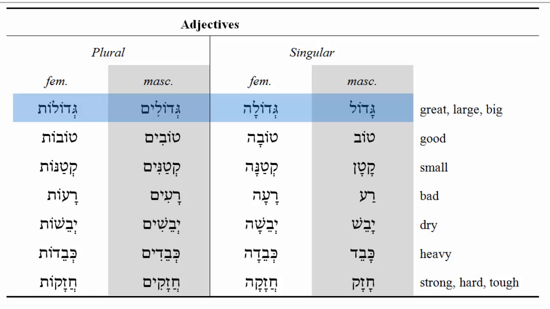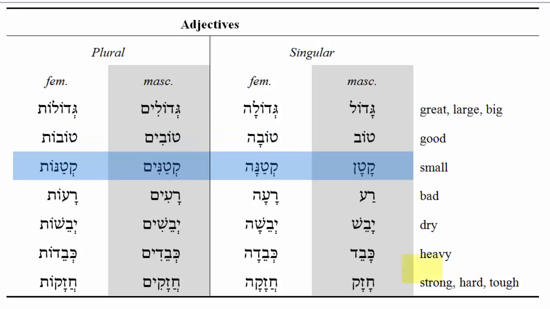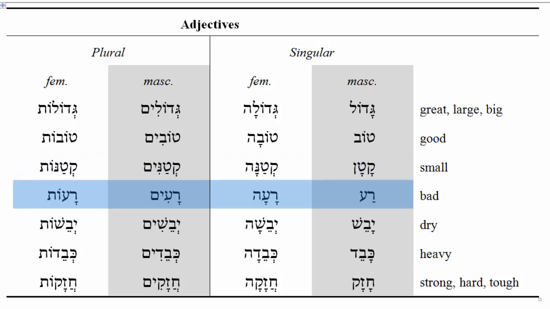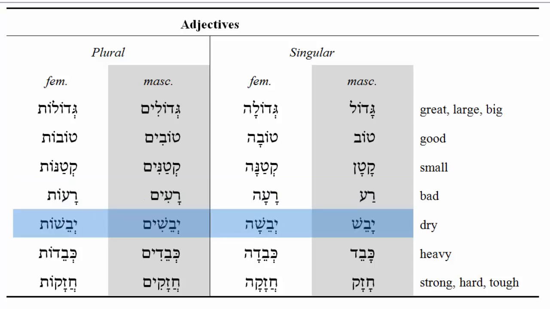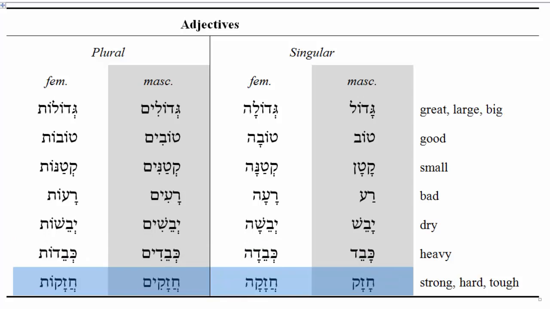Gadol, gedolah, gedolim, gedolot, tov, tovah, tovim, tovot, katan, katana, katanim, katanot, ra, ra'ah, ra'im, ra'ot, yavesh, yavesha, yaveshim, yaveshot, kaved, kaveda, kavedim, kavedot, chazak, chazaka, chazakim, chazakot.